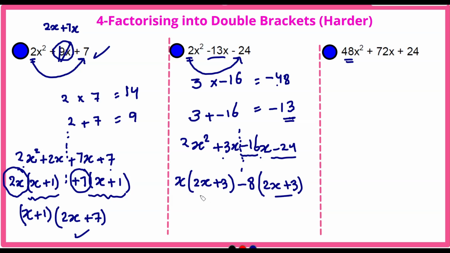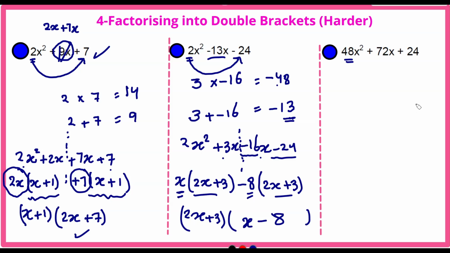If you get the bracket the same in both of them, that means you are on the right path. You are doing it properly. Now take 2x add 3 as a common factor, the whole bracket, and whatever is left, leave it in the second bracket. So x is left over, minus 8 is left over, leave it here.